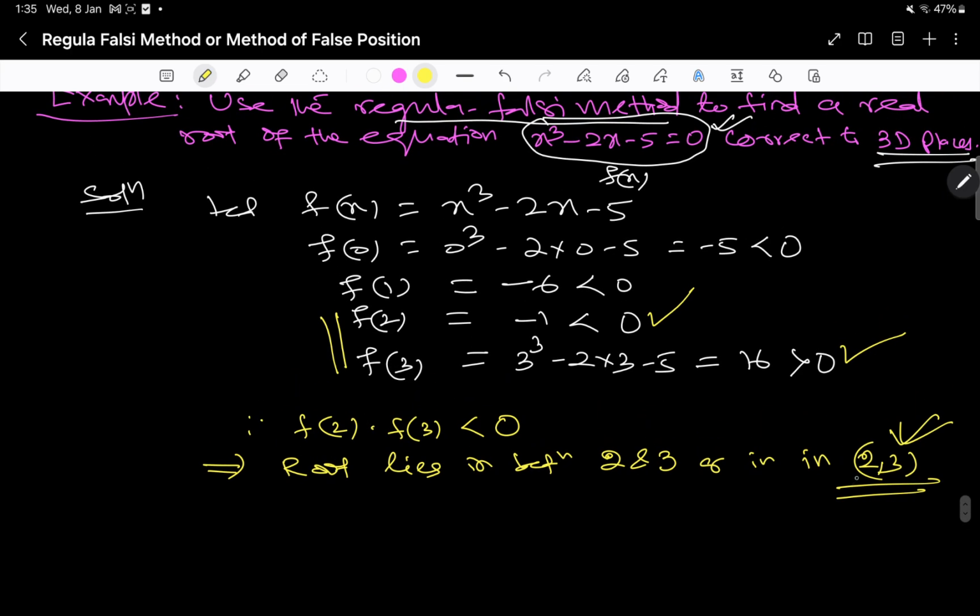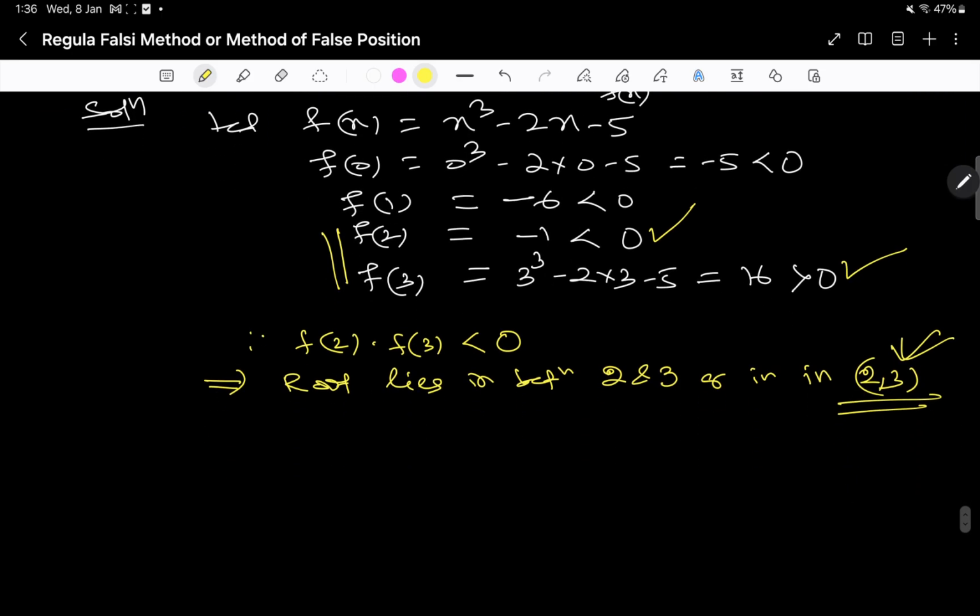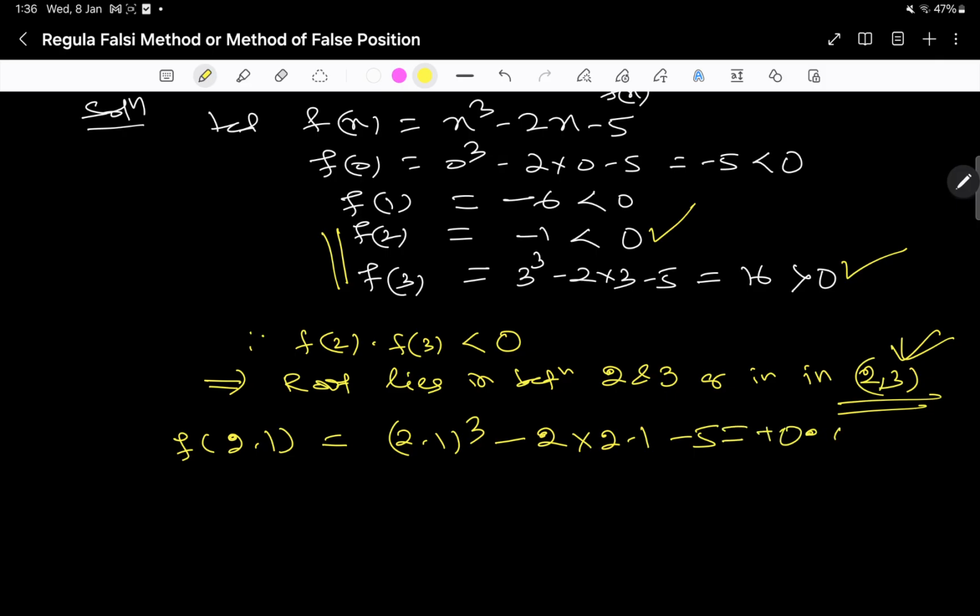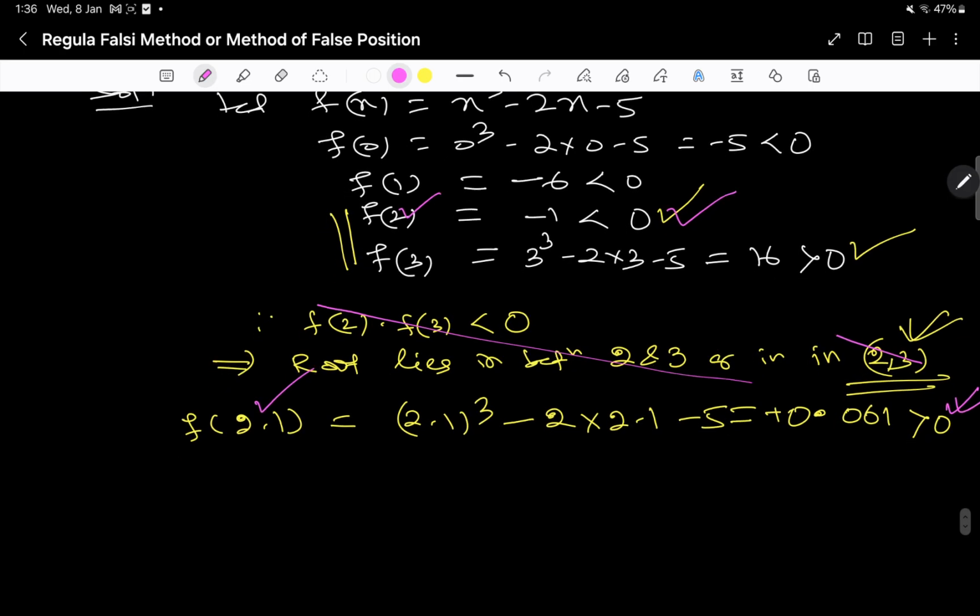Now one more thing, if we squeeze this interval, suppose I find f of 2.1. This is 2.1 whole cube minus 2 into 2.1 minus 5, and it is plus 0.061, also positive, you see. So rather than taking 3 here, if I take 2 and 2.1, then 2 and 2.1 are very close, so I may achieve the answer quickly.